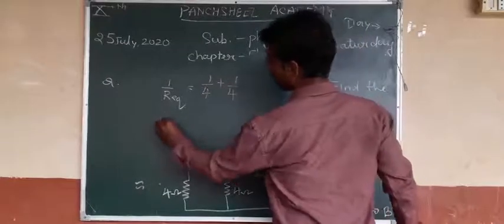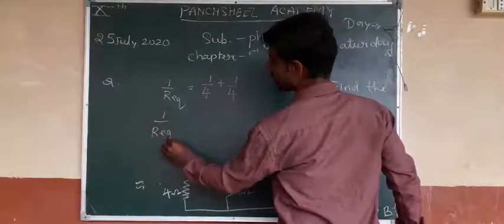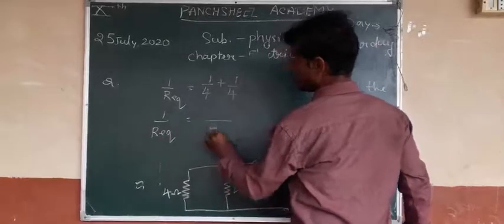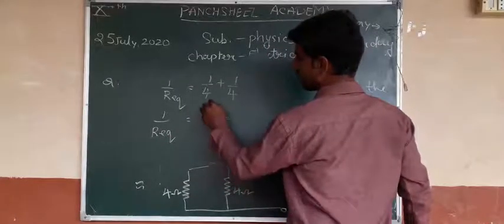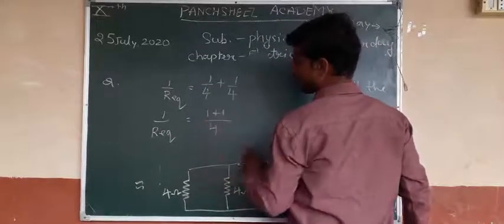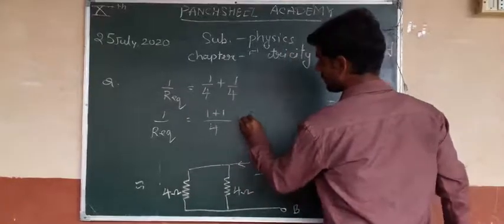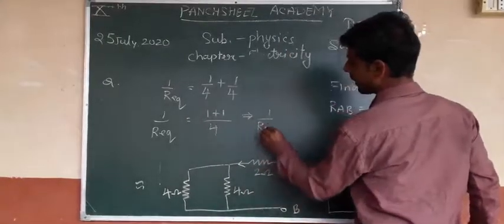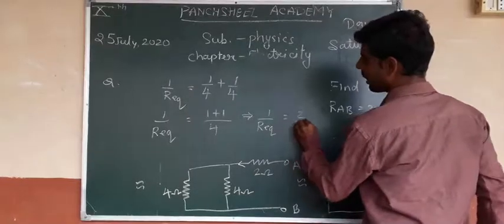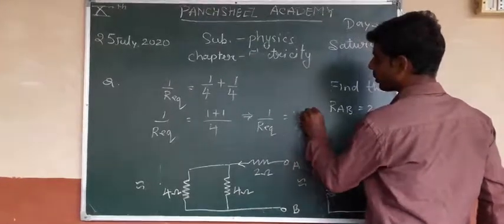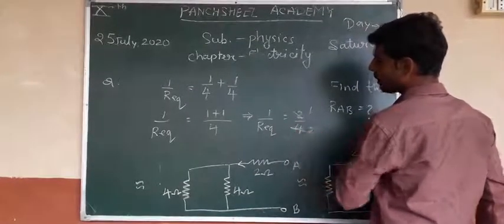So 1 by R equivalent equals what? 4 is the LCM, and 4 divided by 4, so 1 plus 1. Now we will get 1 by R equivalent equals 2 by 4, because 4 divided by 4 is 1, and 1 plus 1 is 2.